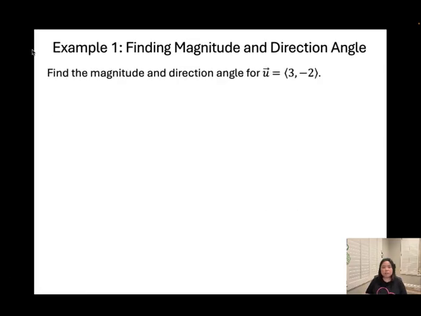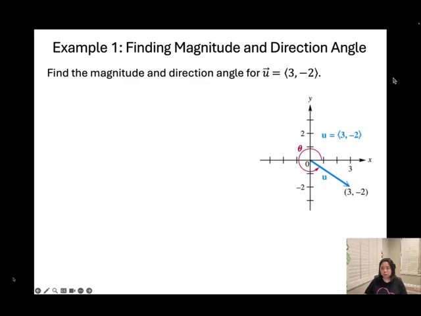Example 1. Find the magnitude and the direction angle of the vector u equals ⟨3, -2⟩. First, I need you to know how to graph the vector u. That will be the coordinate x equals 3, y equals negative 2. And this is a position vector starting at the origin.